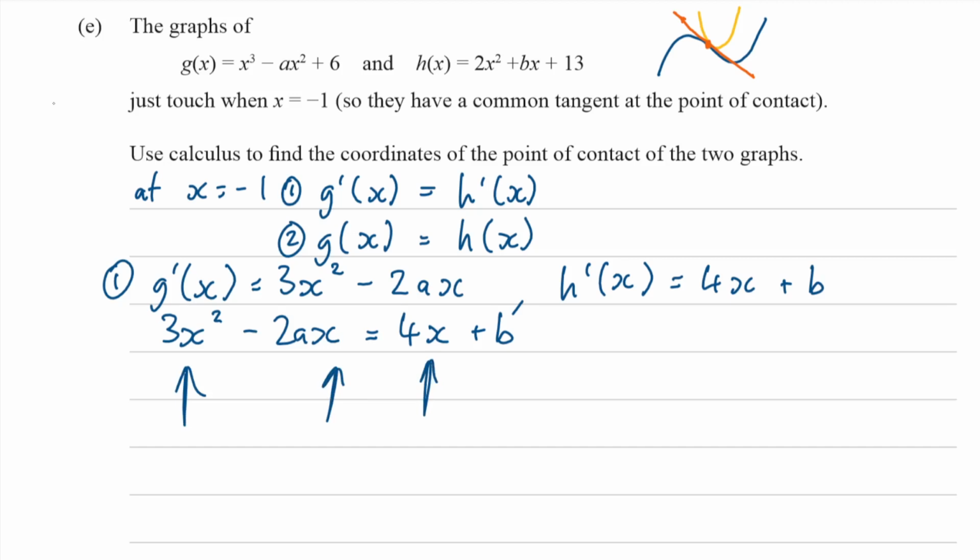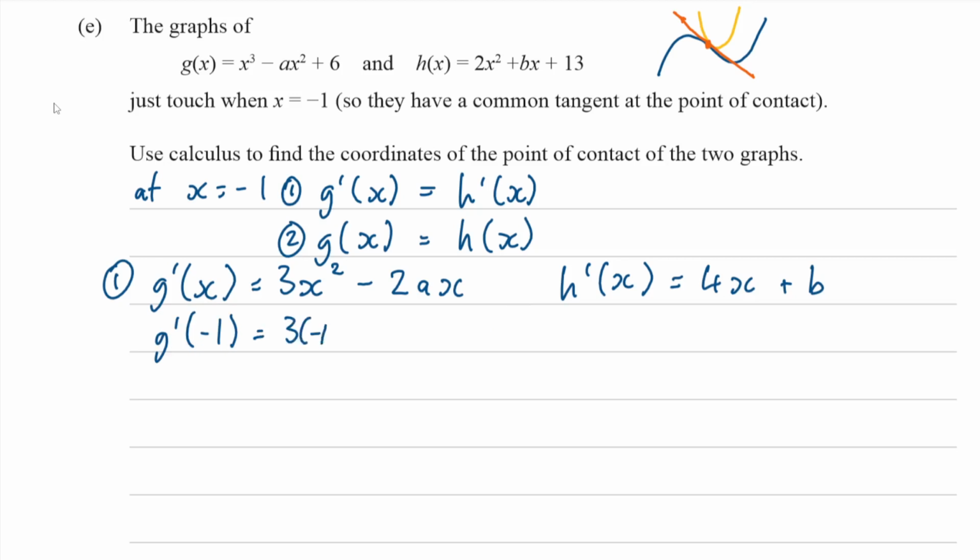It's only equal at x equals minus 1. So just to backtrack a little bit, we would find g prime of negative 1 and h prime of negative 1 before we can equate them.